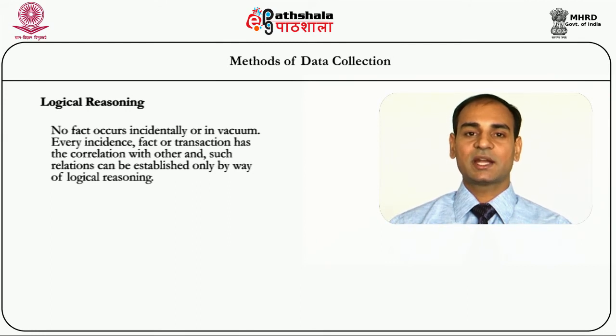For establishing that relation between the problem and the data collected, it requires reasoning, legal reasoning, rational reasoning. That means the decision or logic applied, the reason given or any argument given for the admissibility or rejection of any information should be good.